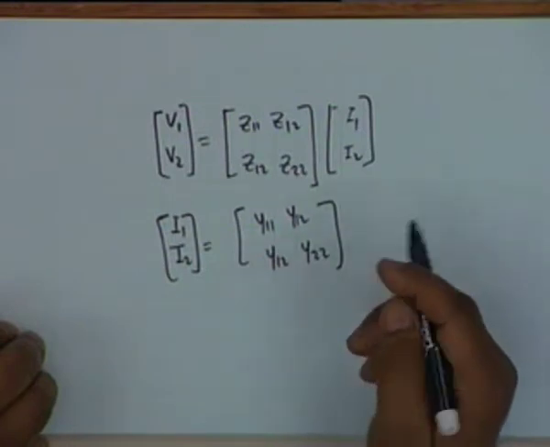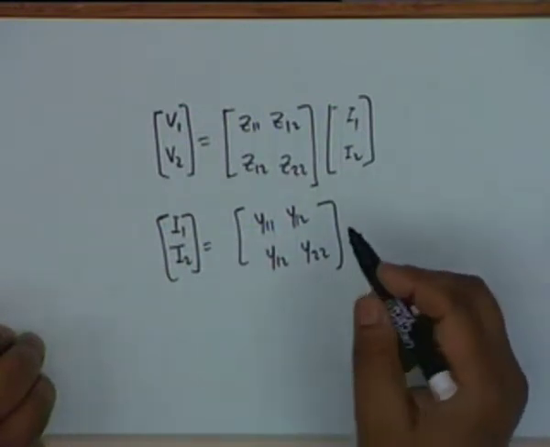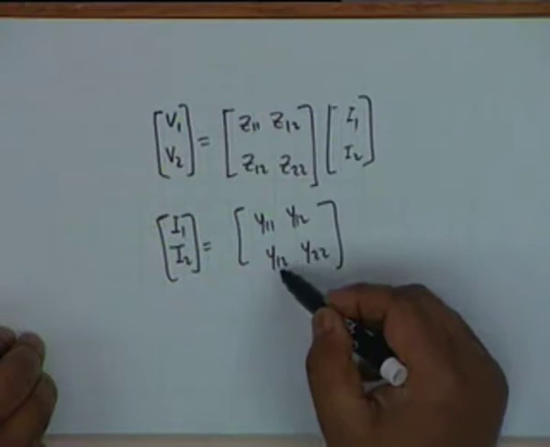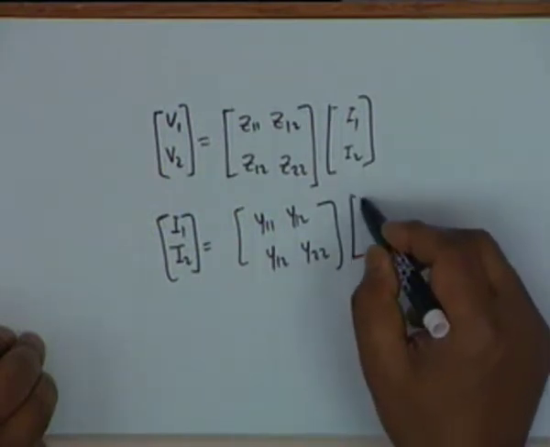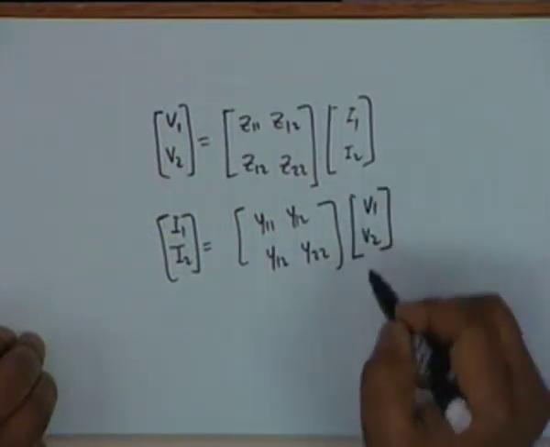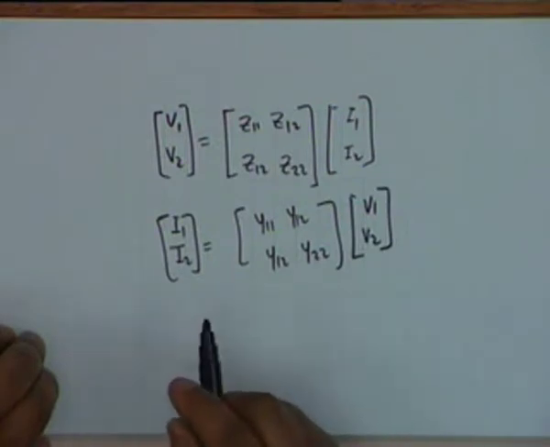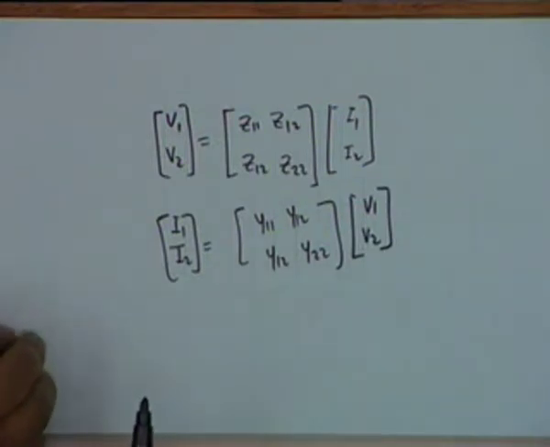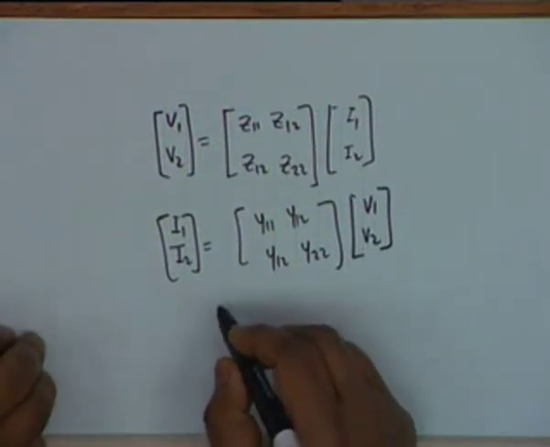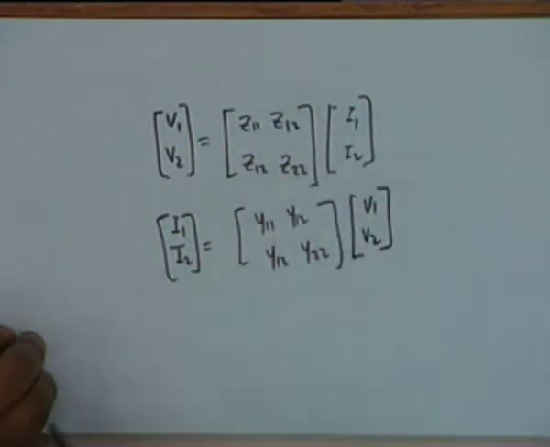We are assuming that the networks are reciprocal, that is why we are writing Y12 and Y21 as equal, multiplied by V1, V2. And if you are acquainted with matrix operations, you notice that one coefficient matrix is simply the inverse of the other, all right.